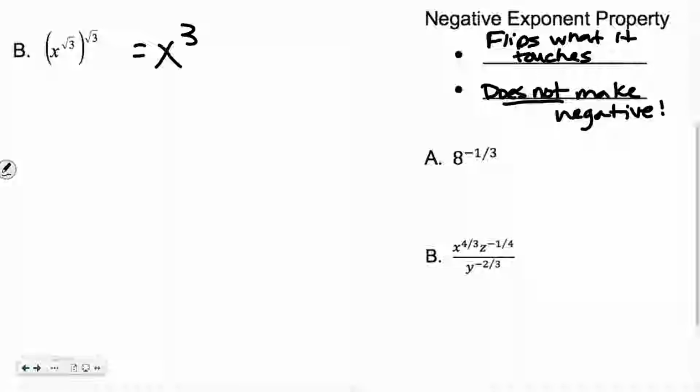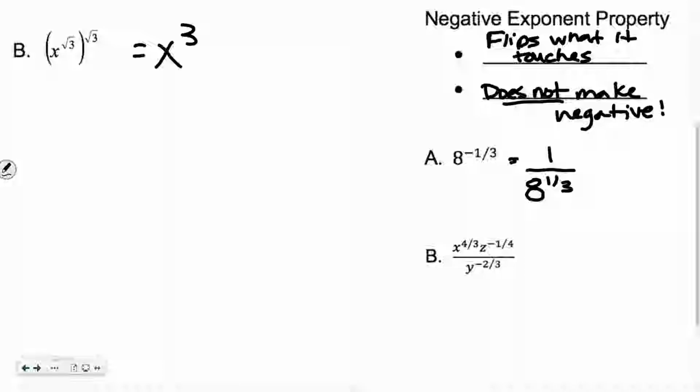A is like what we did on Friday. It's just a good review of simplifying expressions with rational exponents. So this negative exponent would flip. The 8 to the 1/3 would show up in a denominator. Once you make the flip, it becomes positive. So it's no longer a negative exponent.